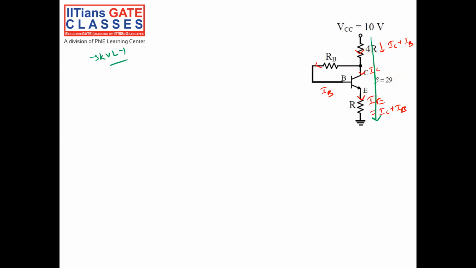KVL 1: 10 volt minus 4R into the current IC plus IB, minus VC, minus IE, which is IC plus IB, into the resistance R, is equal to 0. VC is given as 5 volt.